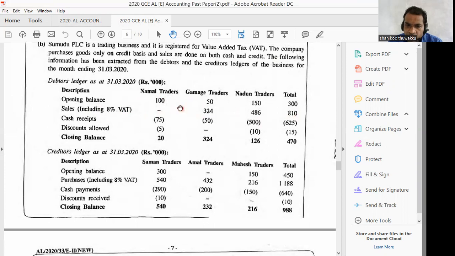But here we are not asked to prepare the sales day book. Therefore, we can directly take the values to the debtors control account, 810. Here, 810 is the total debtors credit sales, but it includes 8% VAT also. Therefore, we can record these given balances without VAT and VAT amount separately in the debtors control account.